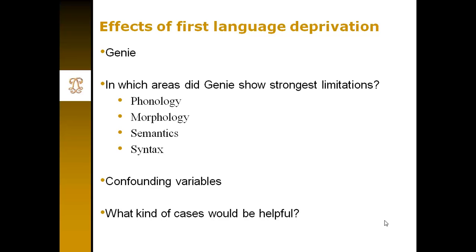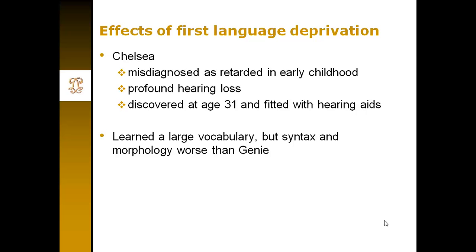So, what do you think it would be like to look at a case of someone who was perhaps deprived of language, but who was raised in a loving kind of environment, where we might be able to disentangle a little bit the language loss versus the general social loss? And we do have some cases like that we can look at.